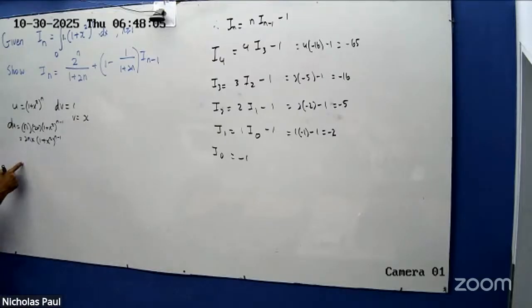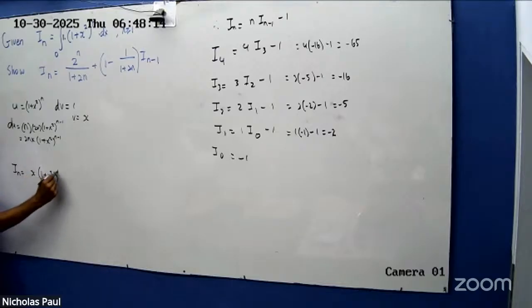So I have I_n equal to u times v, which is x times 1 plus x squared to the n, between 1 and 0.